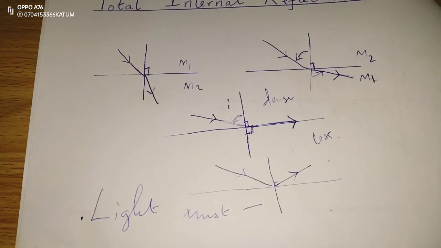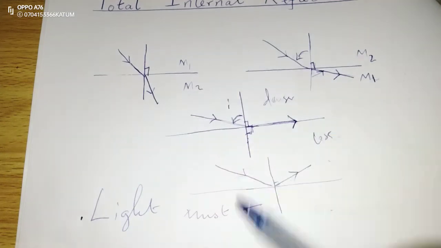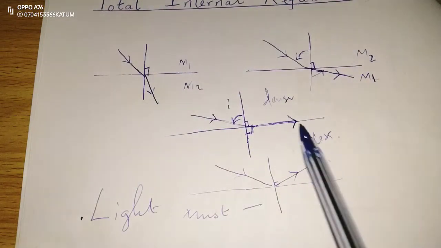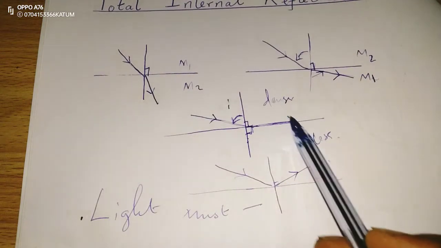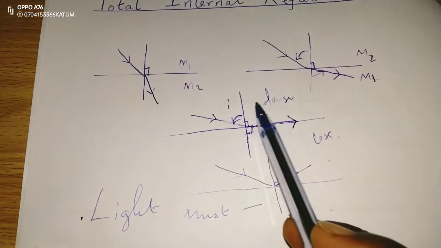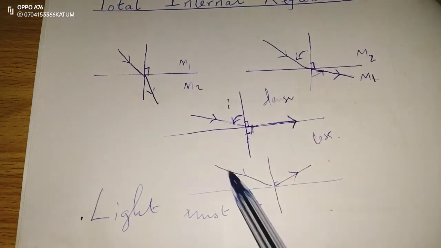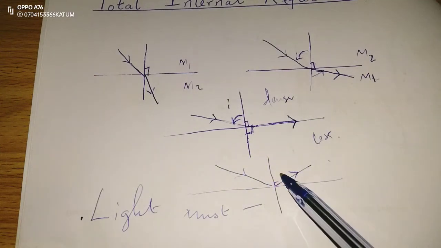And now something else should come to our mind, that there is the angle of incidence which we are increasing until at some point the angle of refraction becomes 90. At that point, further increment of the angle of incidence leads to the occurrence of total internal reflection.